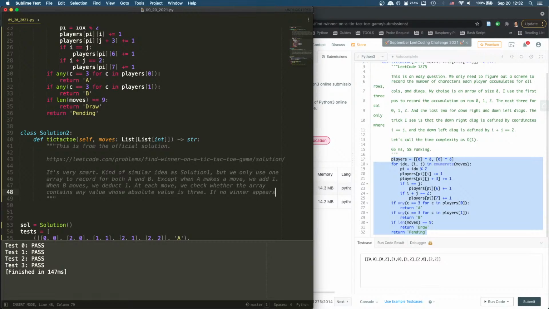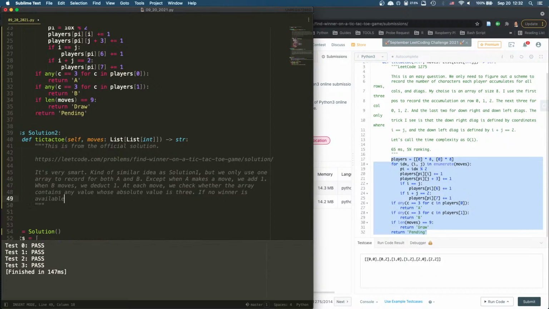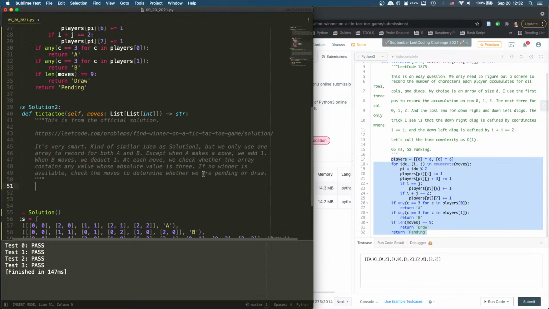If no winner is available, check the moves to determine whether it's pending or draw.